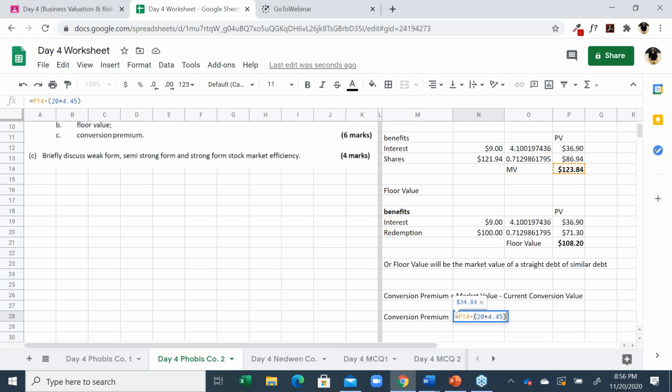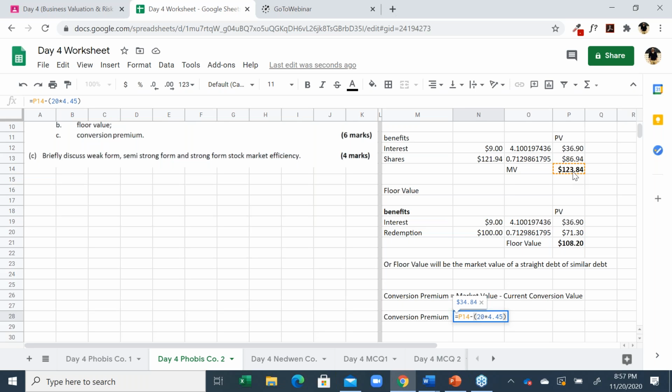If the bond is to be sold today, how much does the investor need to pay to get each bond? Well, obviously it should be the market value, 123.84. The investor will be paying $123.84 to buy this bond, right?